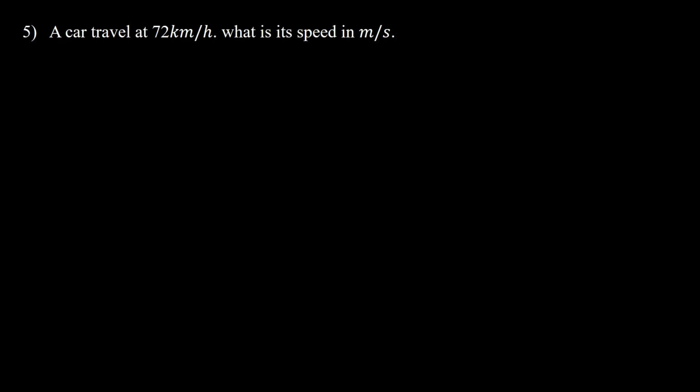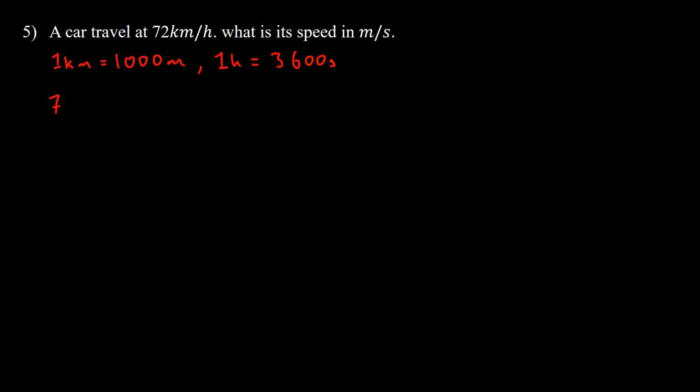So let's start first with the kilometer. 1 kilometer is equal to 1,000 meters. And then 1 hour is equal to 3,600 seconds. We have our conversion factors.